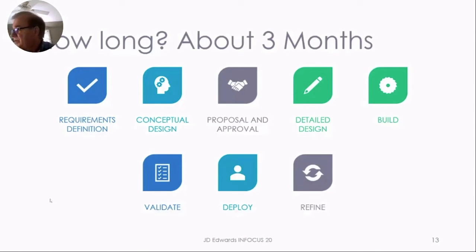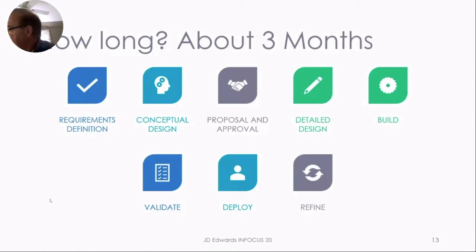We put together a detailed design so that it would be repeatable. We built and tested and validated our design, again received final approval, and then put it through deployment through the different SDLC cycles.